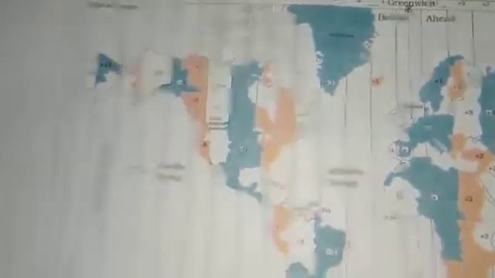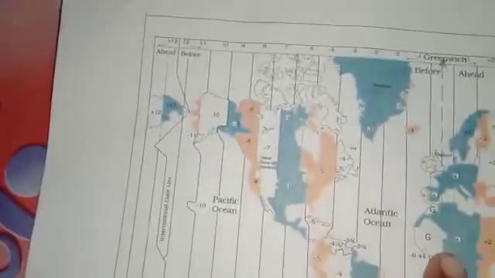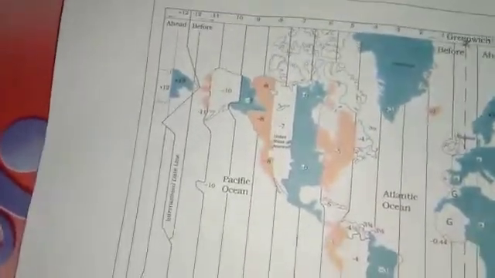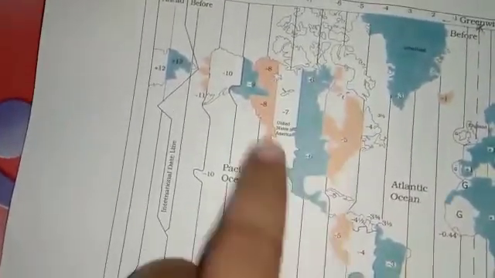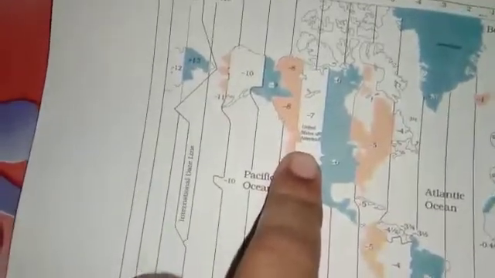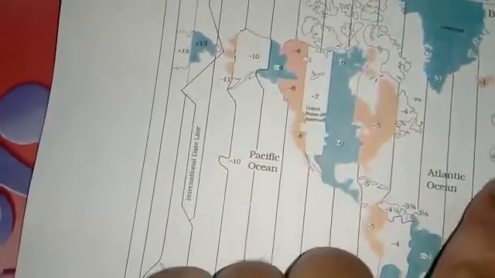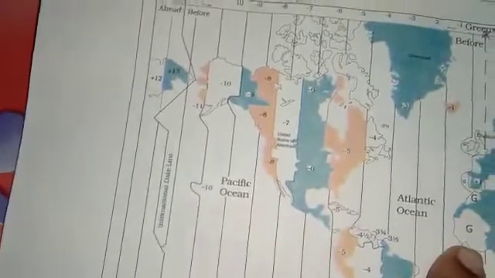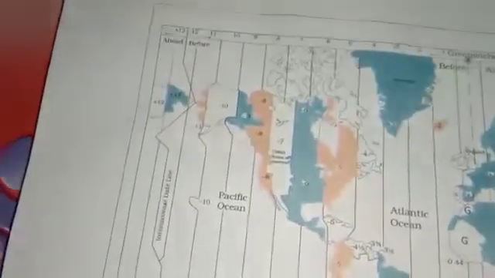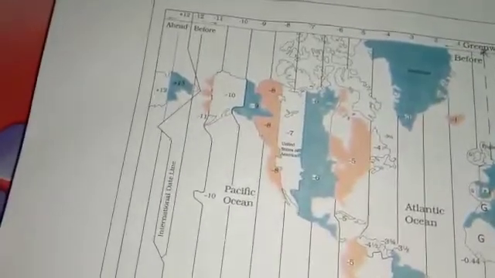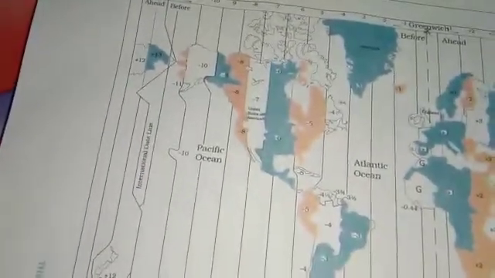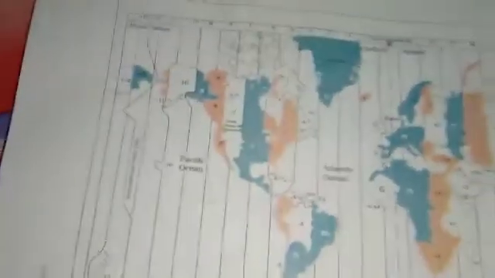At the same time, if we are moving to the left side, this is the Greenwich line with 0 degree, and when we reach America, here in USA, it is minus. When it is 1 o'clock in England, in America, 12 minus 7, it will be 6 o'clock.